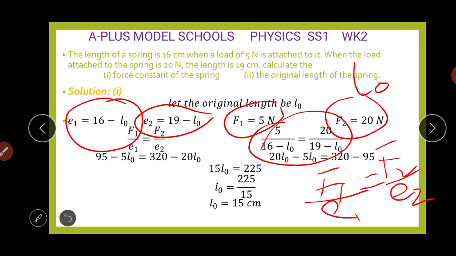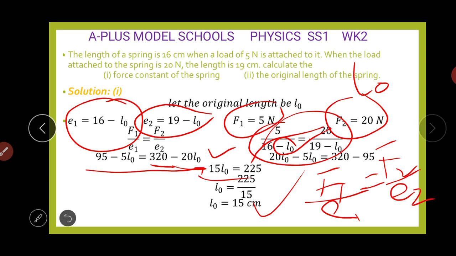When you cross multiply, that will be 5 by 19 minus 5 L naught equals 20 by 16, which is 320, minus 20 L naught. Then you make L naught the subject of the formula, and we have our L naught to be 15 centimeters.